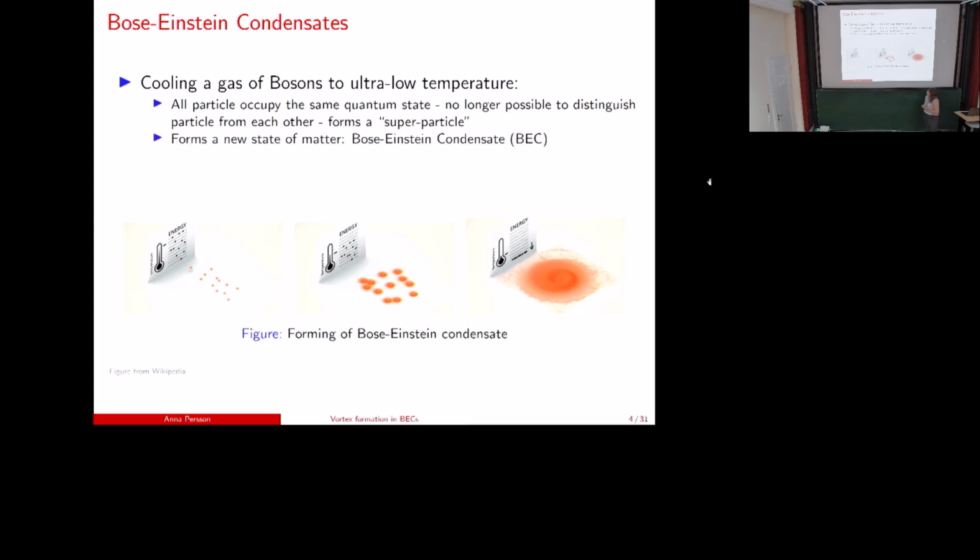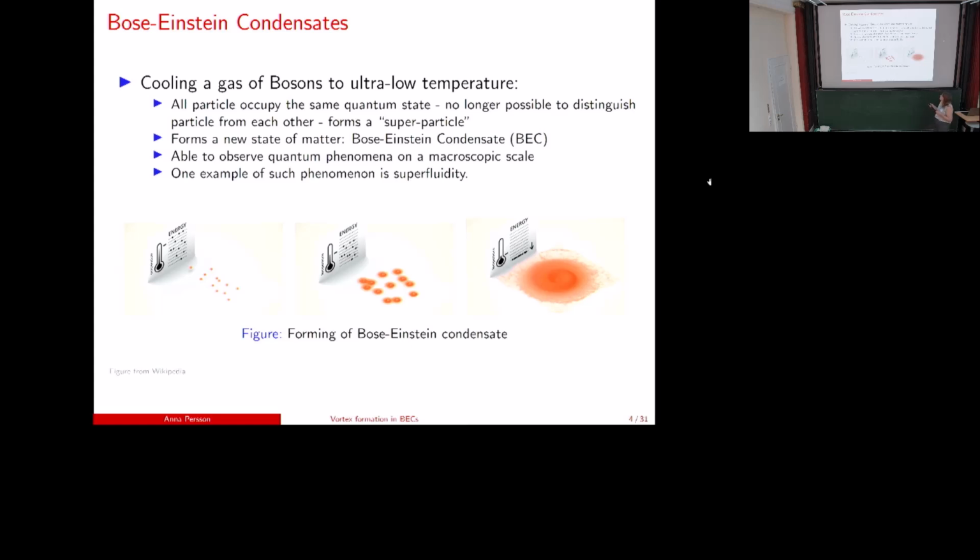And it forms a new state of matter. It's called a Bose-Einstein condensate. It's an exotic matter. Usually we have solids and fluids and gases, but this is an exotic type of matter. And it's quite interesting because now we're able to observe quantum phenomena on a macroscopic scale.